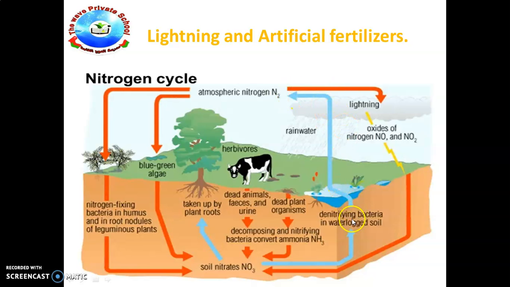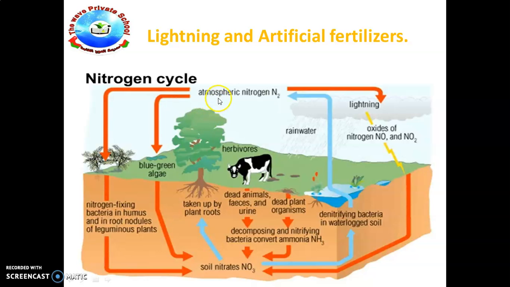The denitrifying bacteria present in the waterlogged soil convert it again and release it into the atmosphere. We call the bacteria present in the waterlogged soil denitrifying bacteria because they undo the work done by the nitrifying bacteria.